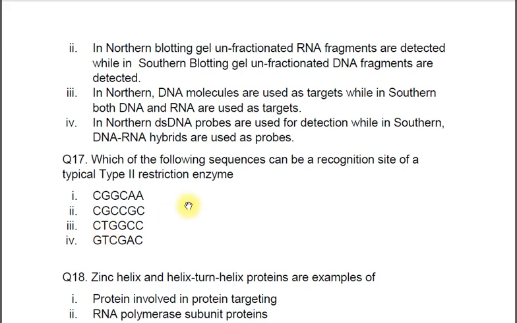The question number 17. Which of the following sequences can be recognition site of a typical type 2 restriction enzyme? The options are: CGGCAA, option 2 CGCCGC, option 3 CTGGCC, option 4 GTCGAC.